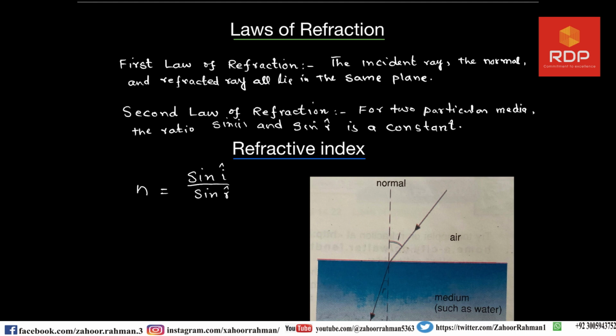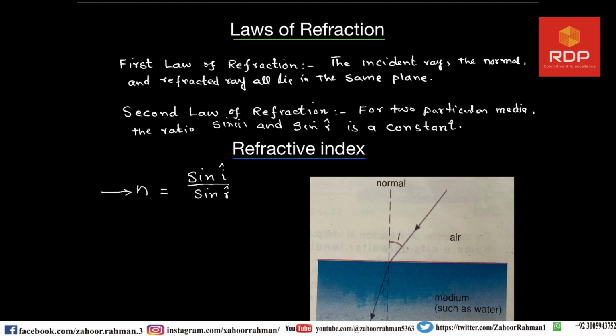And I told you that for the case of a light ray passing from a vacuum or in practice air into a given medium such as water, the constant ratio of sine i and sine r is known as the refractive index n for that medium, and mathematically we can write the refractive index like this.